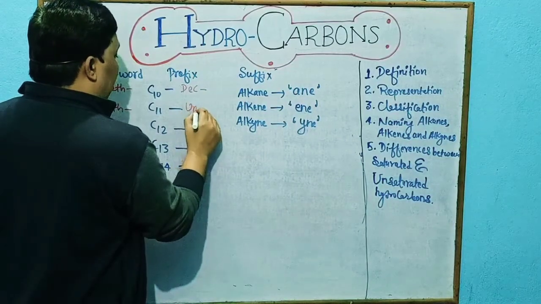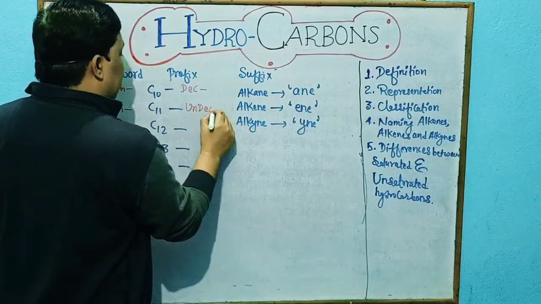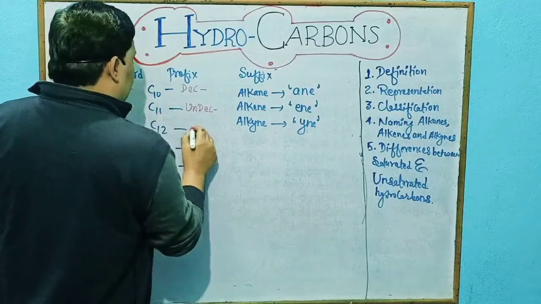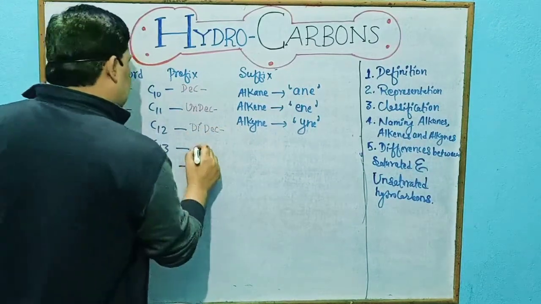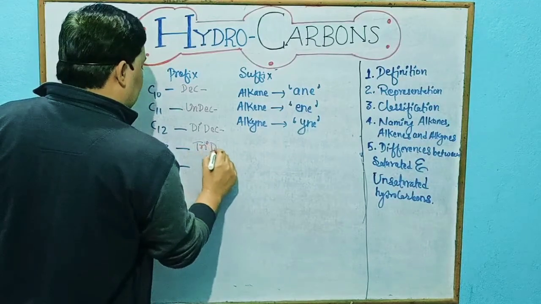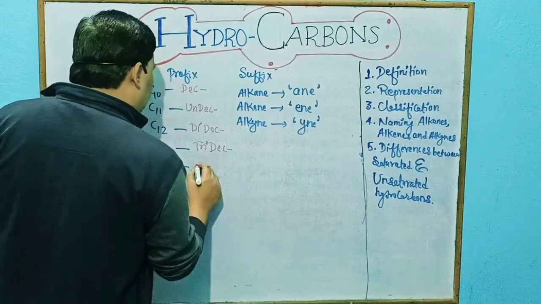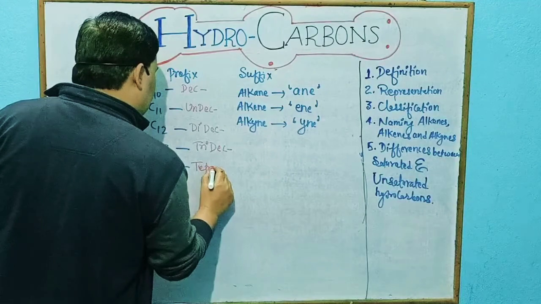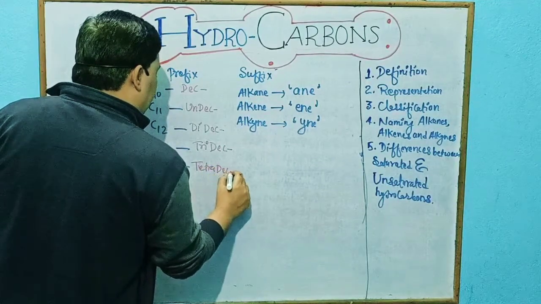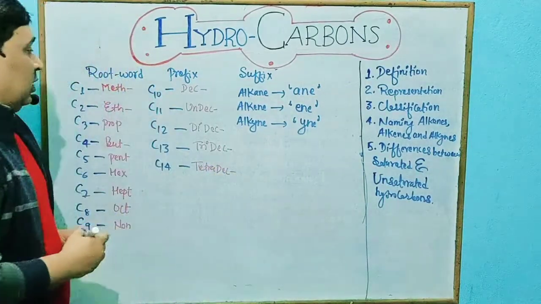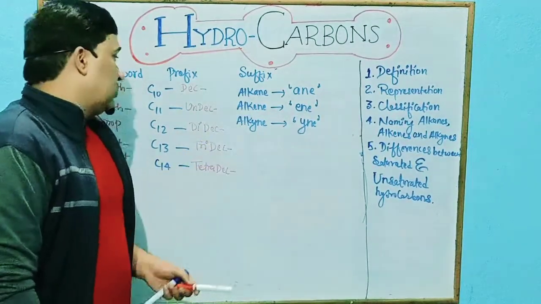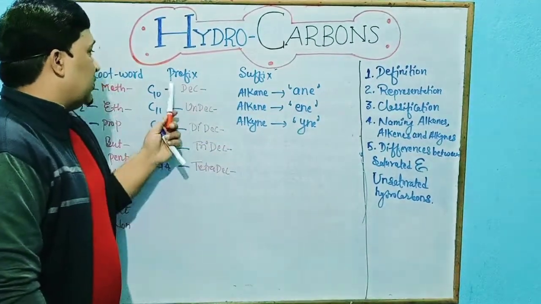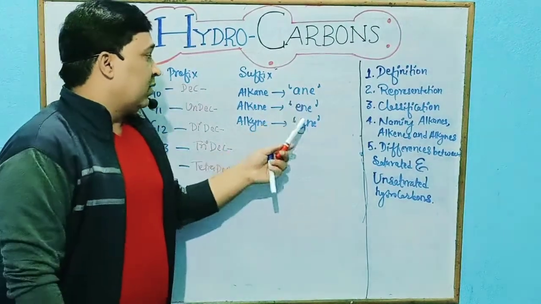For 11, undec. For 12 it's didec. For 13 it's tridec. For 14 it is tetradec, and so on.